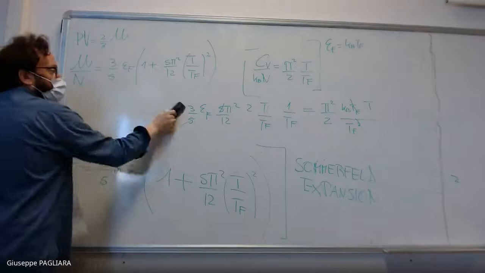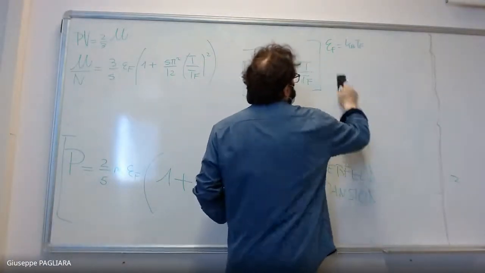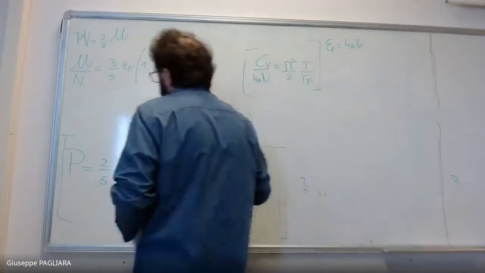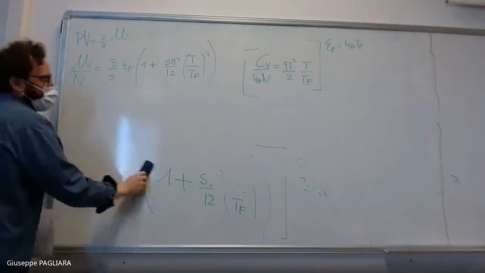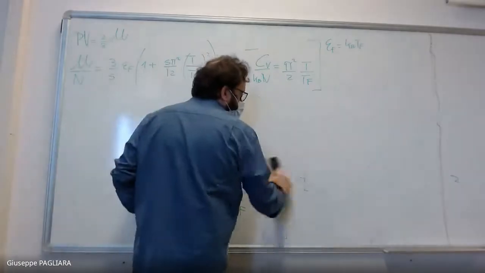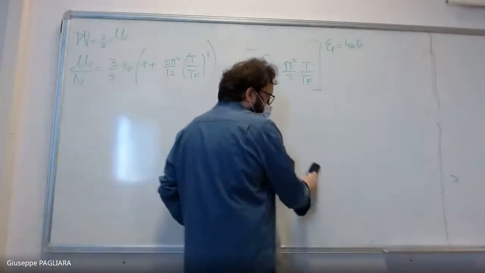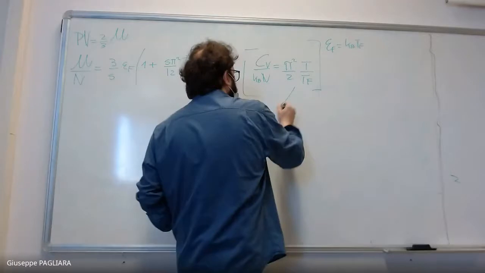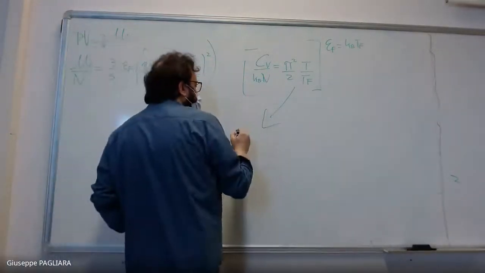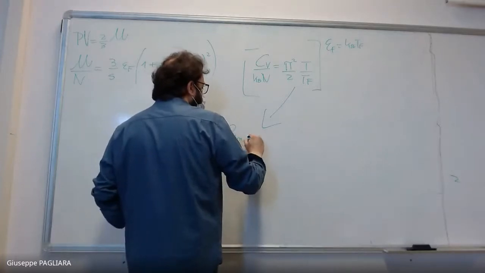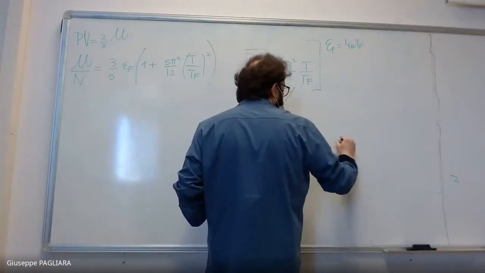Now, this is the important thing. One has to remember, apart from the calculation, which of course is a little bit tricky, that the most important thing is the correction to the pressure and to the internal energy due to the finite value of the temperature, and therefore also the linear behavior of the heat capacity per particle at small temperature.